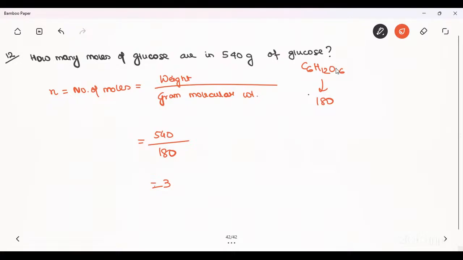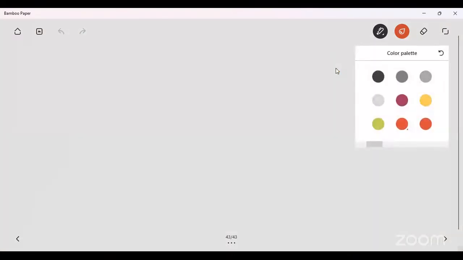Okay, there is one more sum. This is a good sum from titration.